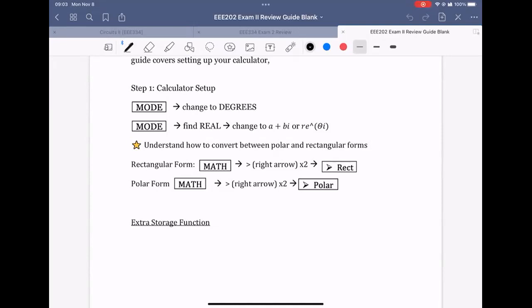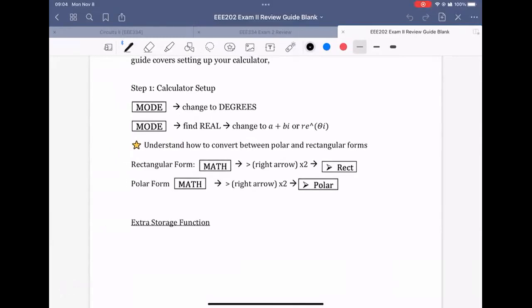When we're setting up the calculator, we need to make sure that our mode is in degrees for this exam. If you see an angle with no degrees on it, then you can assume it's in radians, but for the most part it won't be.